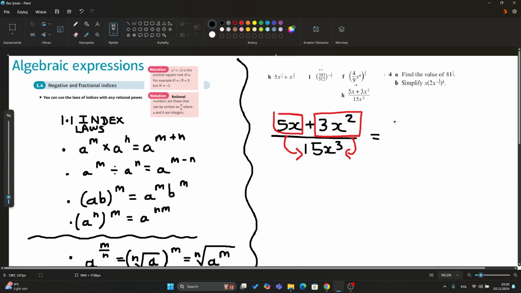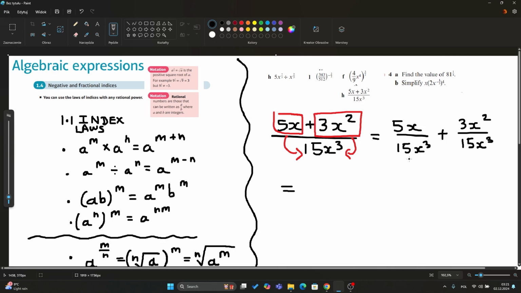So that means that 5x is divided by 15x cubed, and also 3x squared is divided by 15x cubed. So what happens here is we can treat them as separate fractions and then connect them together.